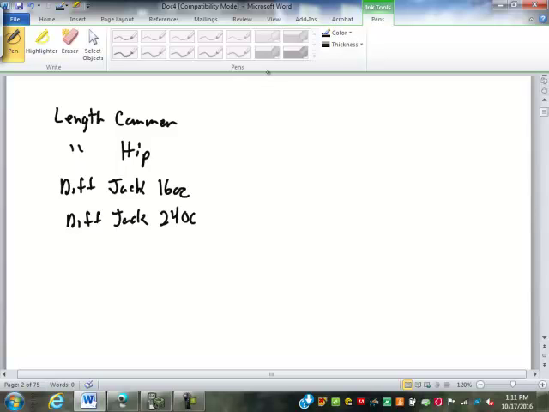And let's start at like 8 inches or so. So at 8 inches, length of your common is 14.42 per foot of run. And for 24 on center, 28 7/8. It's listed here.